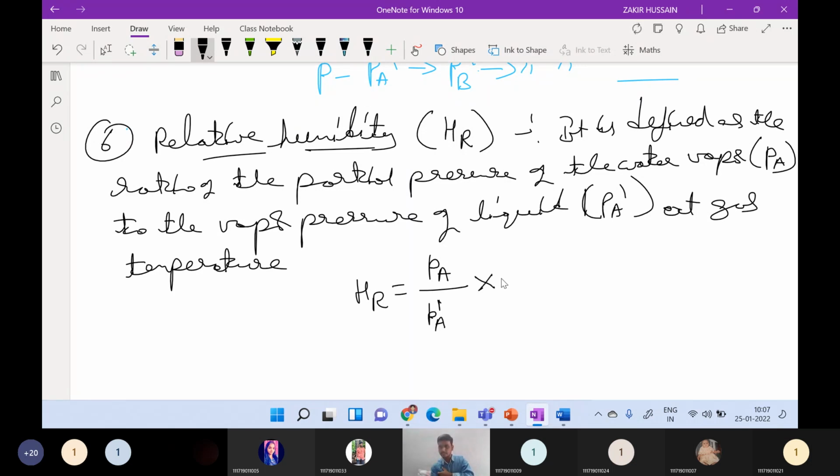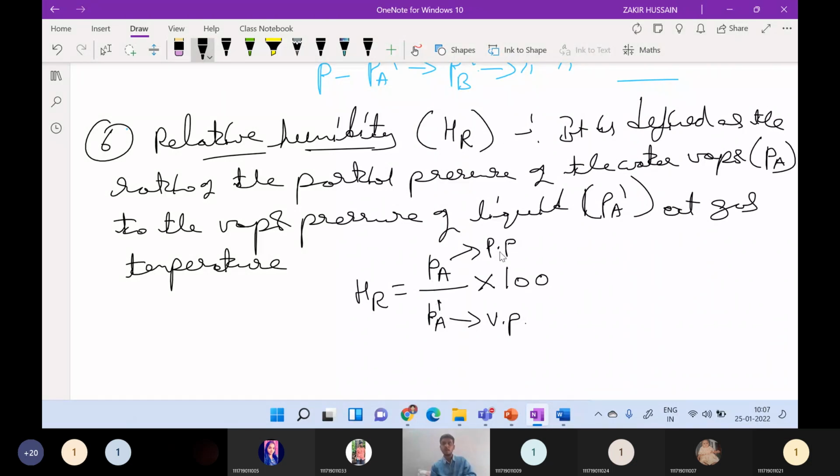Usually this will be expressed in percentage, so that is into 100. HR is equal to PA by PA dash into 100, where PA is the partial pressure of vapor and PA dash is the vapor pressure of liquid. Usually relative humidity is expressed on a percentage basis.